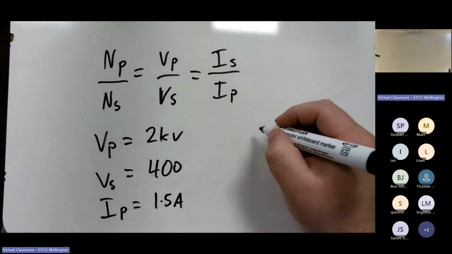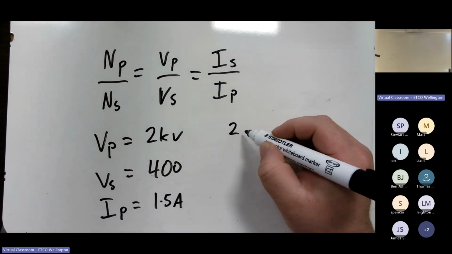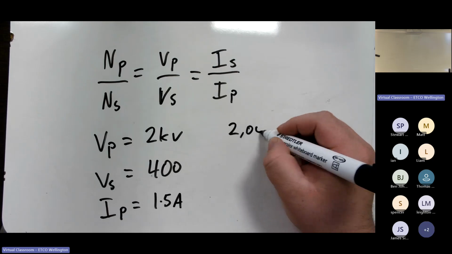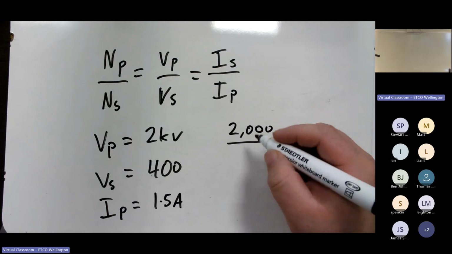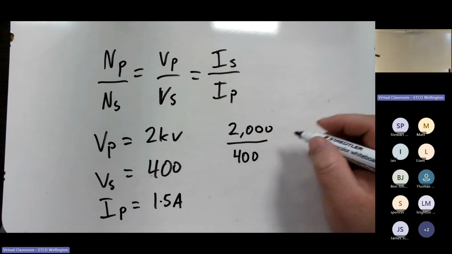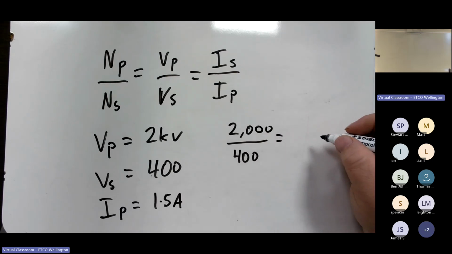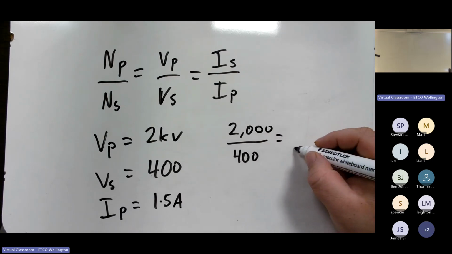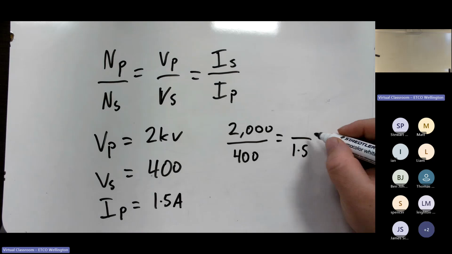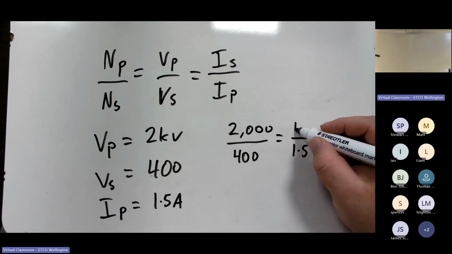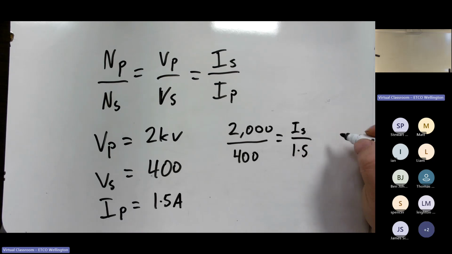So voltage primary is 2000 over 400, which equals 5, and I primary is 1.5, and then we need to find I secondary.